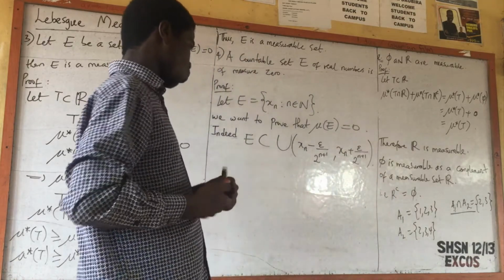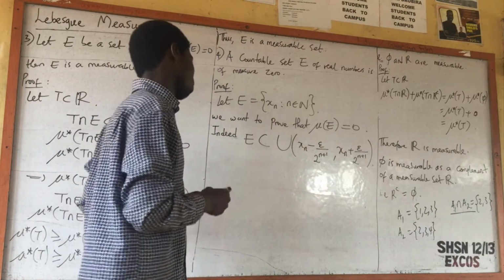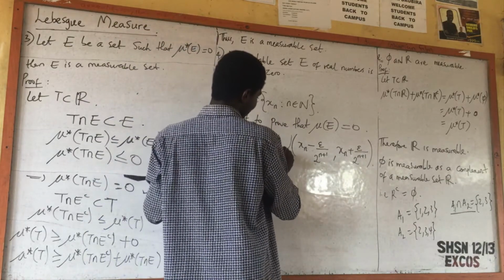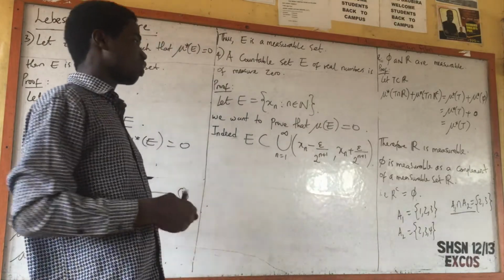You will see the reason why I put 2^(n+1). E is fully covered by the union of this.